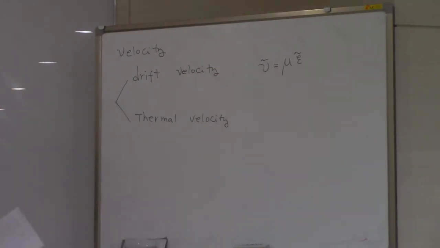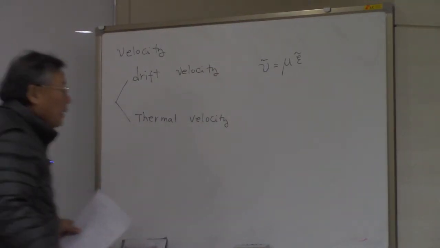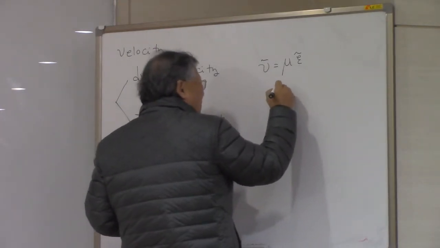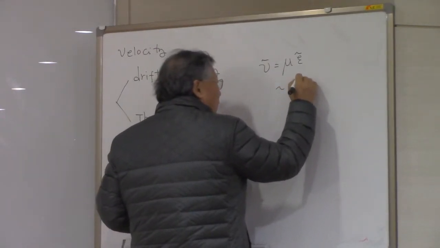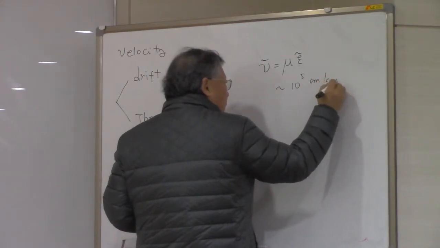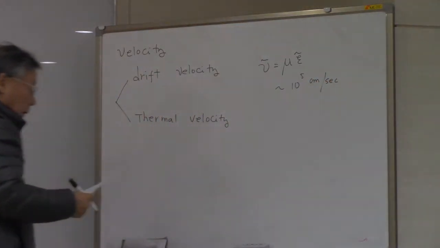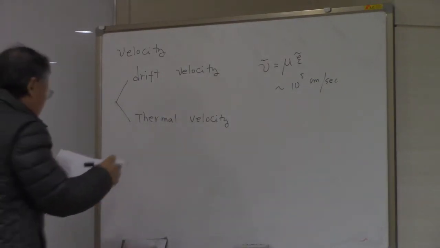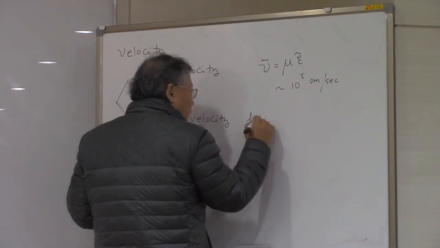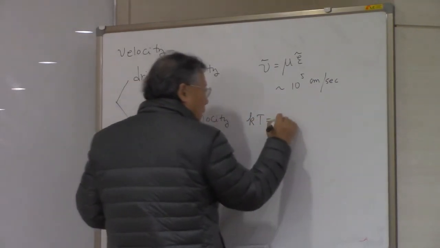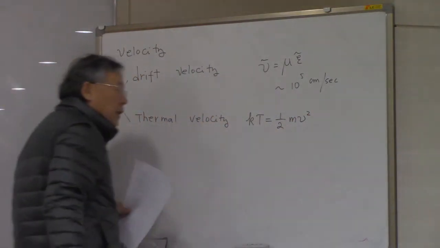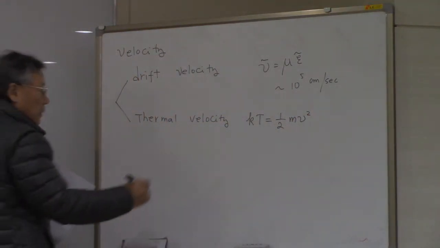That is a drift velocity, and this drift velocity is typically 10 to the 5 centimeter per sec, somewhere around there, okay? And thermal velocity comes from kT, the energy; it can be written as a kinetic energy like this, okay?